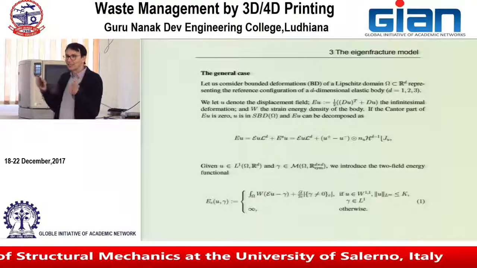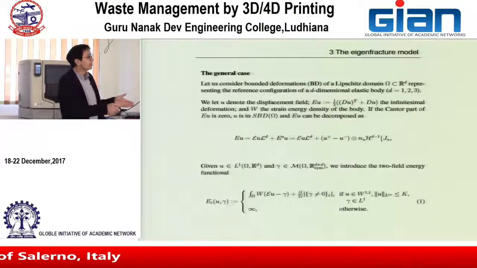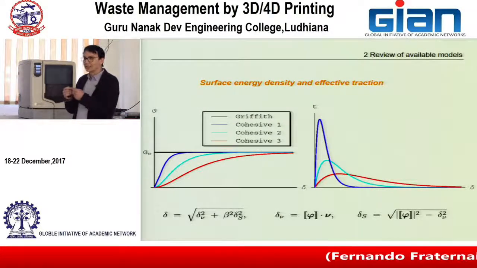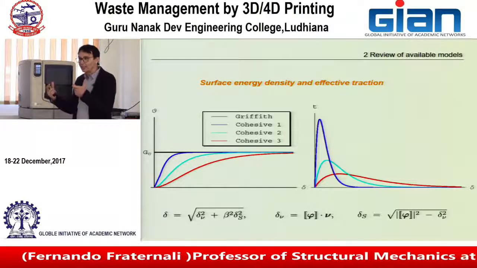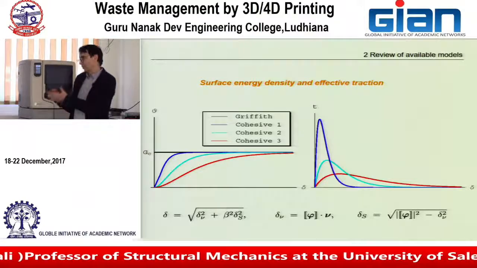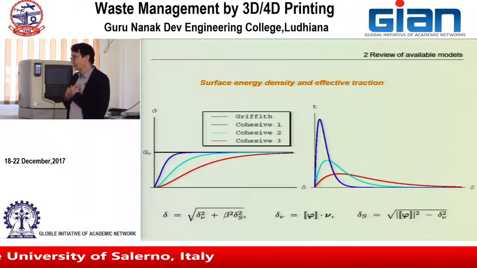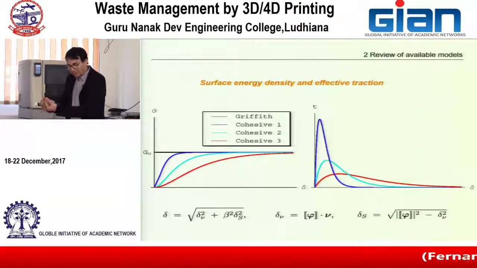Because in this case the crack energy does not depend on the opening, the energy that you release is just a multiplication of the property of the material, which is the fracture toughness, times the area of the crack. Okay?